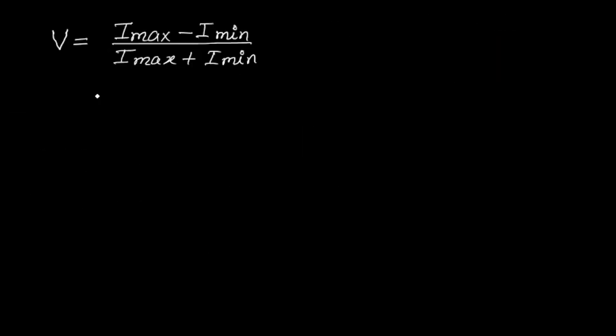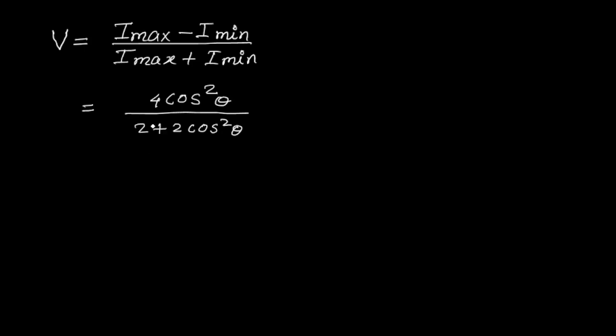So from there, what we'll get is 4 cos square theta divided by 2 plus 2 cos square theta.